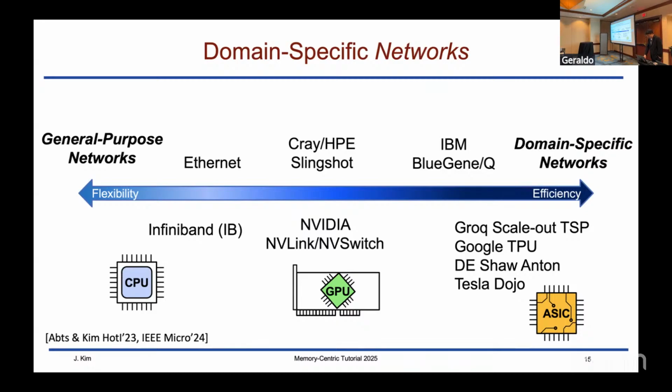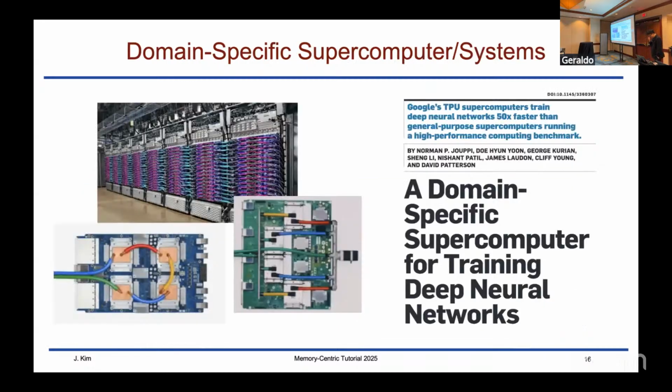These terminologies are not super new. This is an ACM article that was published by Google several years ago, and they used the term domain-specific supercomputers for their TPU systems. They have their domain-specific architecture, the TPU, as well as domain-specific networks that interconnect these systems together.